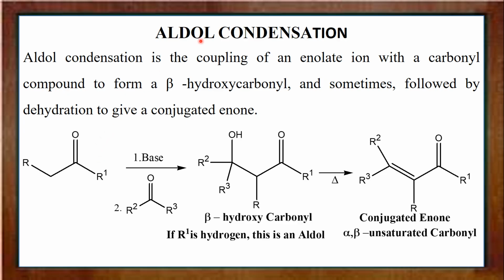So in aldol condensation, we start with an aldehyde or ketone which has an alpha hydrogen. This is the carbonyl carbon and this is the alpha carbon. The hydrogen atoms present on the alpha carbon are called alpha hydrogen atoms.